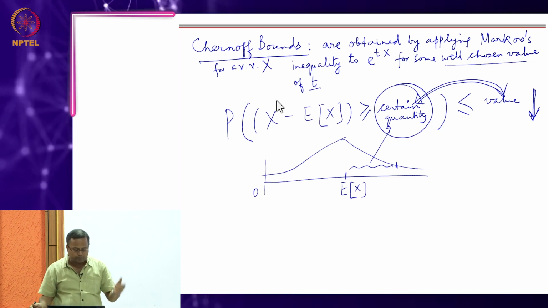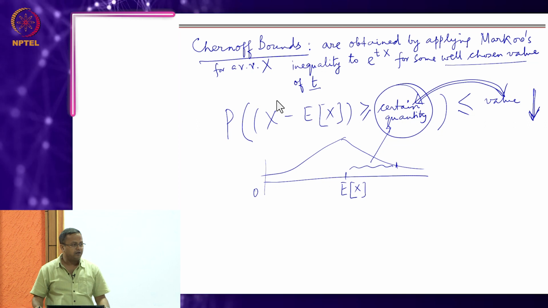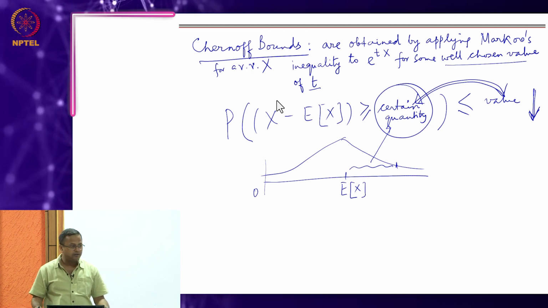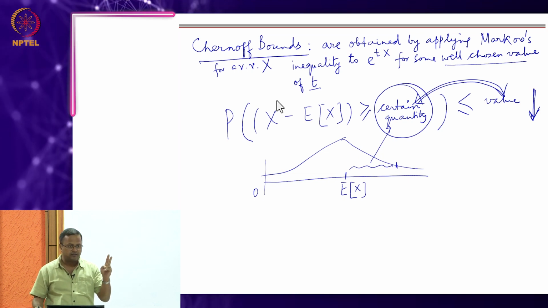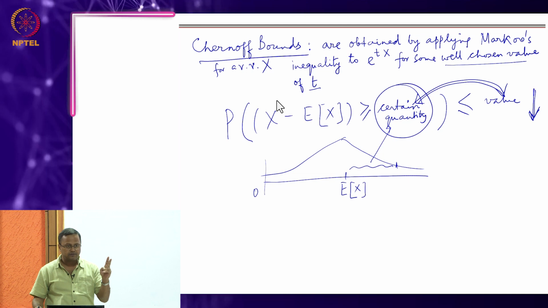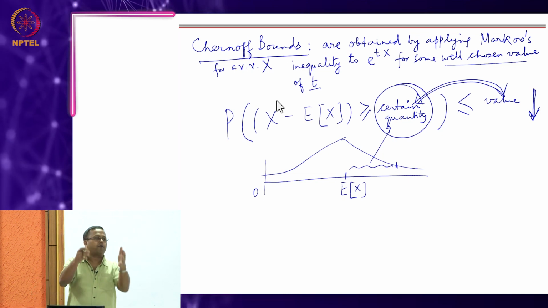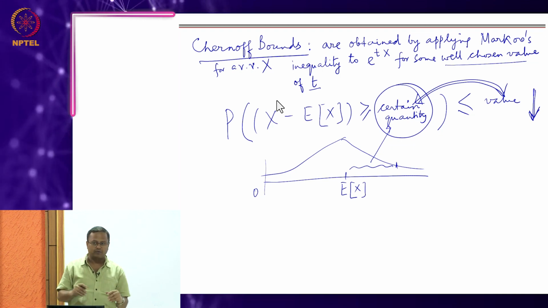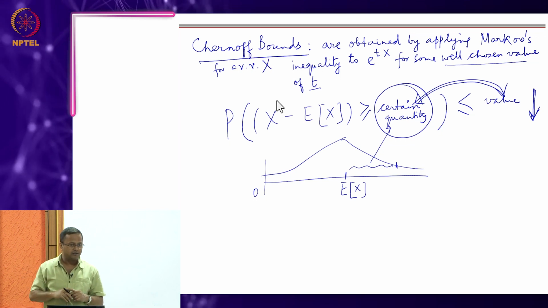Now, all of you probably know the normal distribution. How do you parameterize the normal? Two parameters, the mean and the variance. And then you have this theory which tells you that most of the probability mass is centered within the 3 sigma limits, that is, mu plus minus 3 sigma.